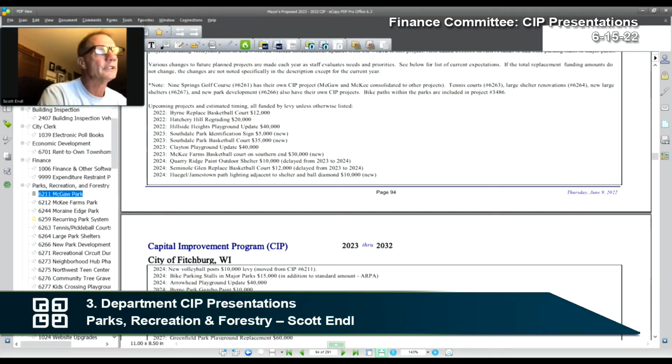But at the end of the day, at some point there does need to be fiscal responsibility, and I think the mayor in this proposed budget has identified that the tennis courts at McKee and the pickleball courts at McGaw are going to be those locations for those types of activities.